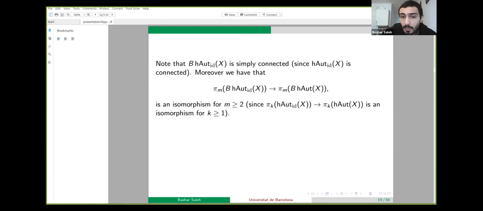So this is a simply connected space, and it has the same m-th homotopy groups when m is greater or equal to 2. So we conclude from this that the classifying space of the identity component of the homotopy automorphisms of X is weakly equivalent to the universal cover of the classifying space of homotopy automorphisms of X.